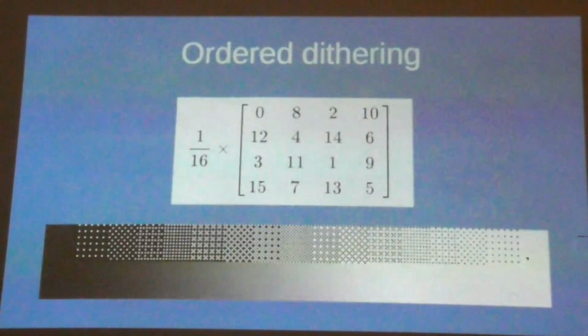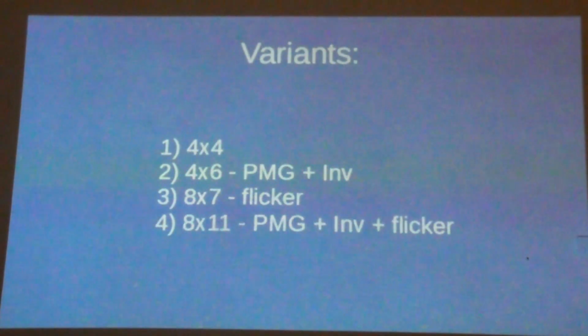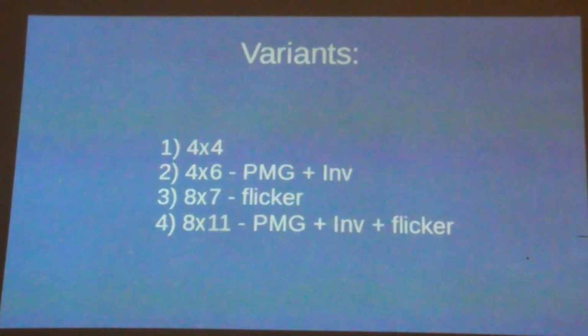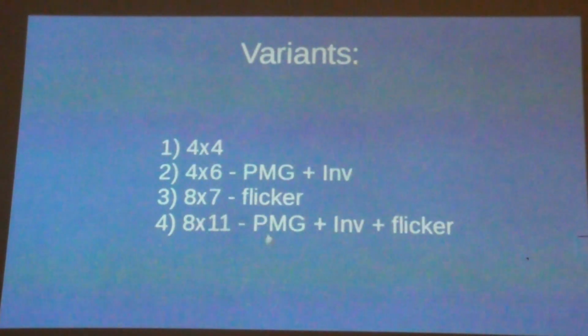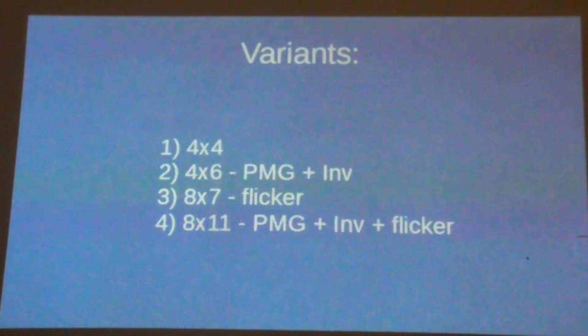So that's why I have 8x7, and it's 56, which is of course way more than 16 or 24. So the image really looks better, but it flickers a bit.